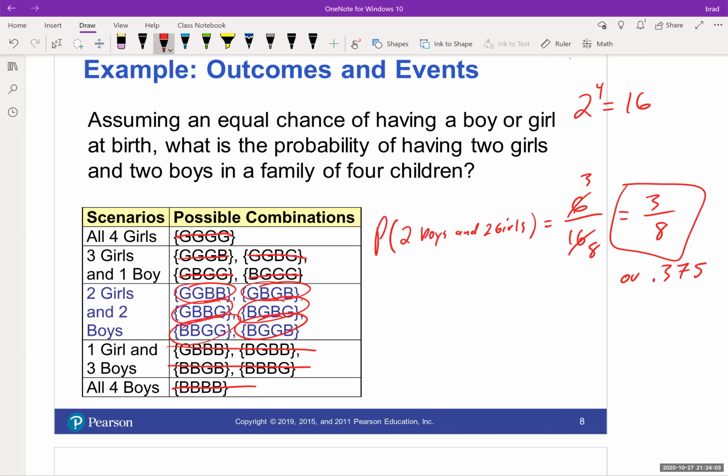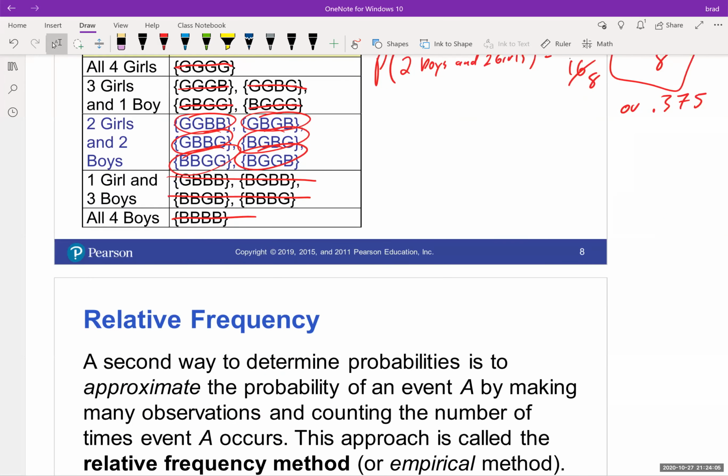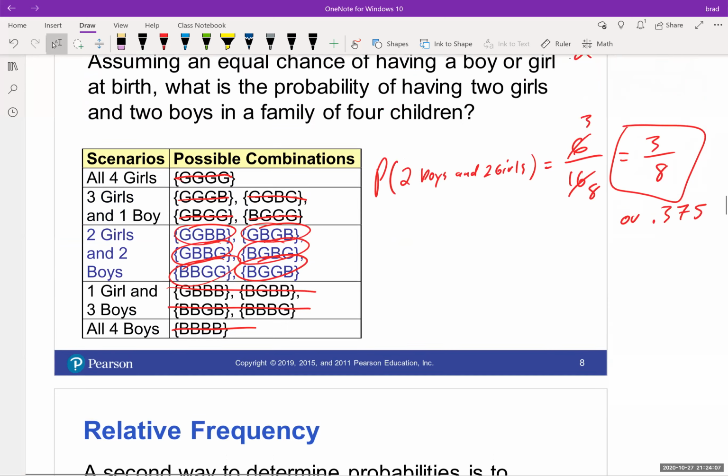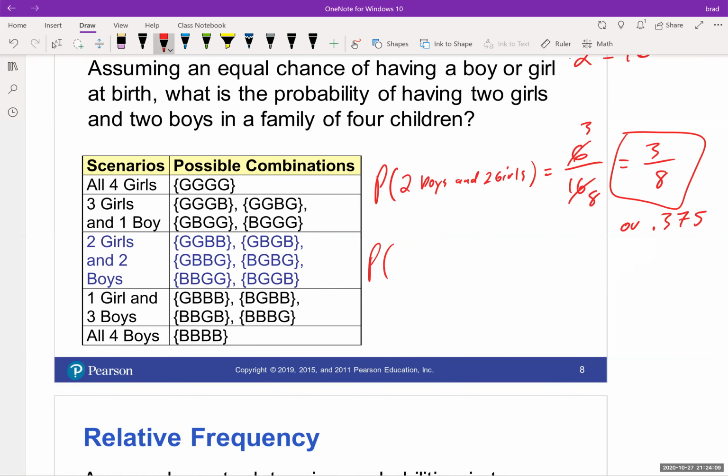Okay. So, and you guys could look at this, and they might ask, what's the probability of having exactly 1 girl? Well, we look for the situation that has only 1 girl in all the combinations. Okay. Well, that's here, here, here, and here. All those situations or all those outcomes, I should say, only have one girl.